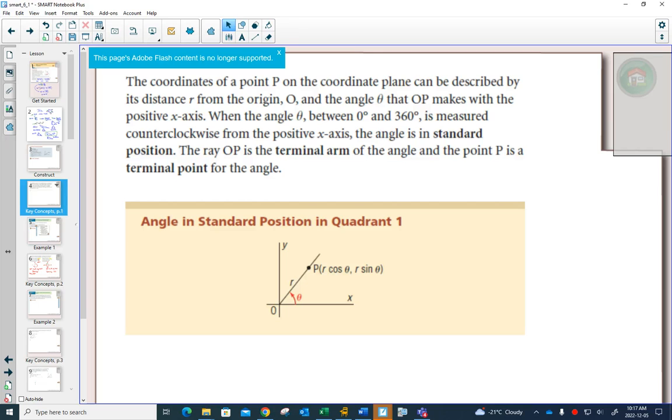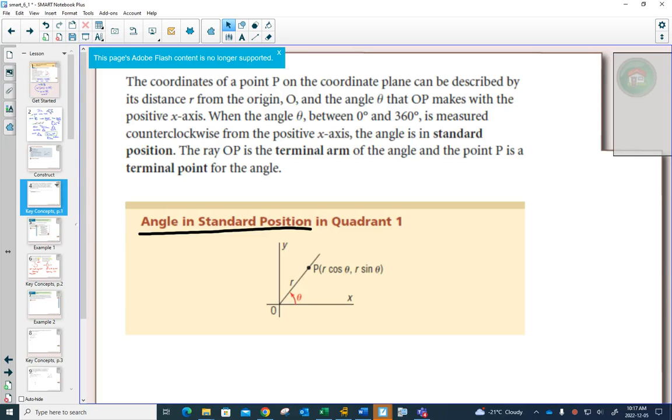And in question 4, page 427, at the bottom of the page, they talk about an angle in standard position. It's very important for this unit that we define this clearly.